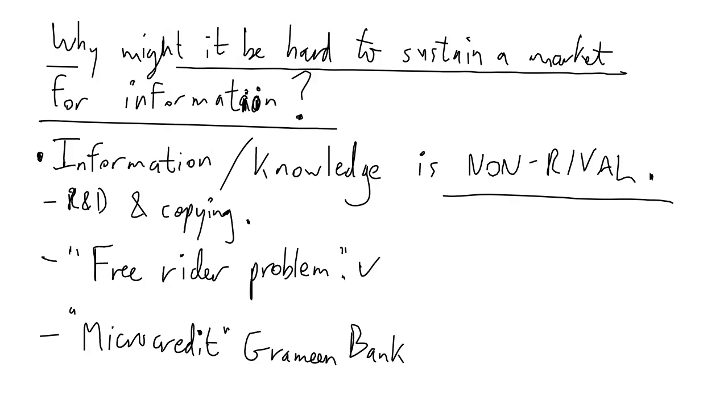We know this village over here isn't so well behaved, so we won't. And they could do that on terms that were much more attractive than Grameen Bank, because of course they didn't need to pay the costs of figuring out which is the right village and so on. So that's another example of the free rider problem in financial markets.